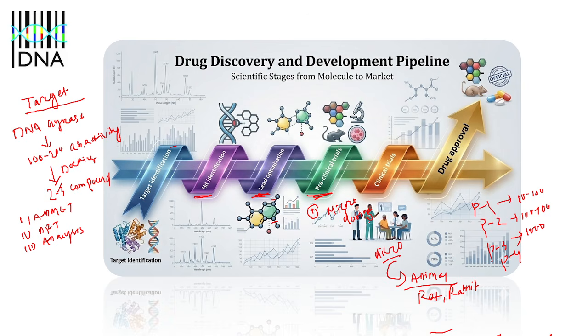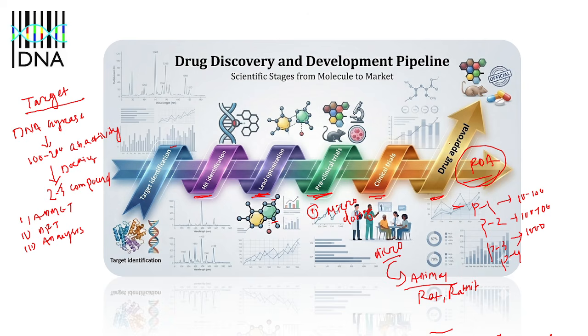After the clinical trial process, if it has gone smoothly and we find that the drug molecule is effective and very useful, we go for the drug approval process, which is given by the US FDA, the Food and Drug Administration.